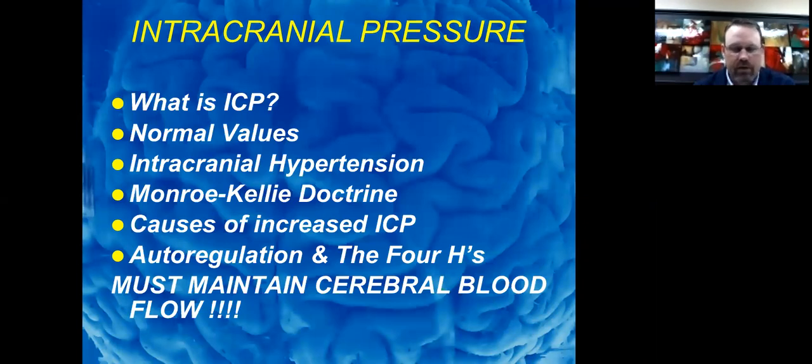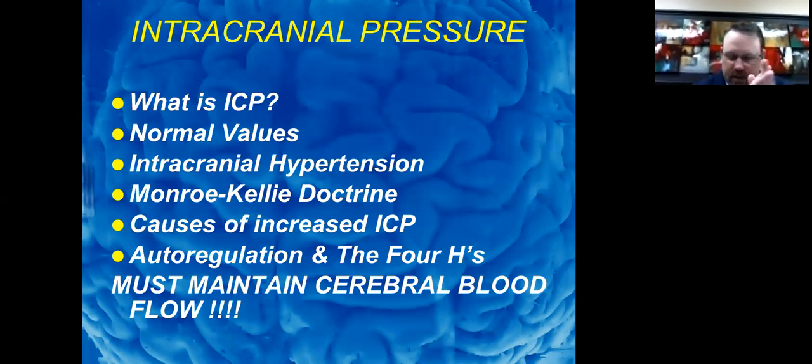And of course, the buildup of that pressure leads to brain damage and or death and herniation. The Monro-Kellie doctrine is when the volume of any of the three cranial components increases, the volume of one or both of the others must decrease, or the ICP will rise.